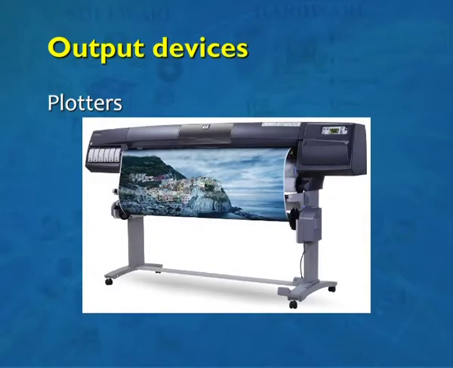Number 1, plotters. Many engineering design applications like architectural plan of a building, design of mechanical components of an aircraft or a car, etc., quite often require high quality, perfectly proportioned graphic output on large sheets.